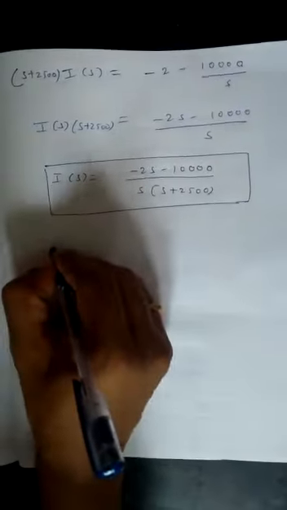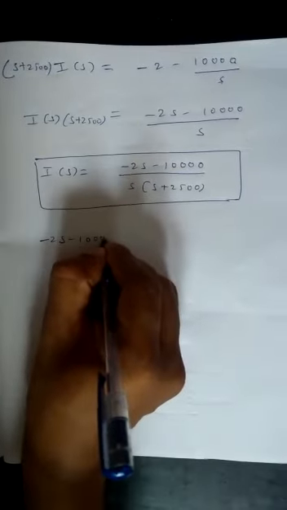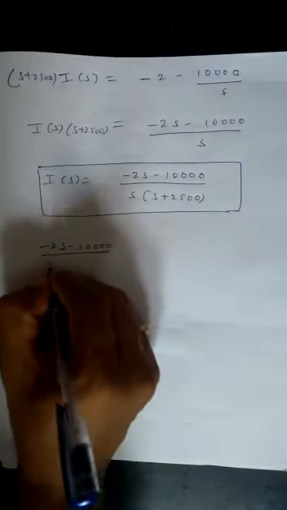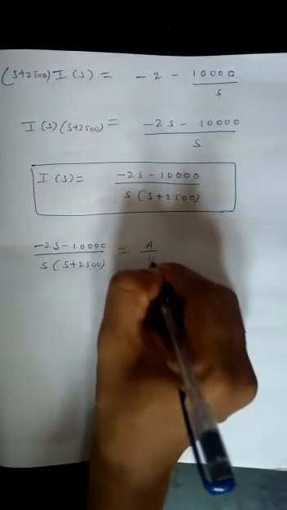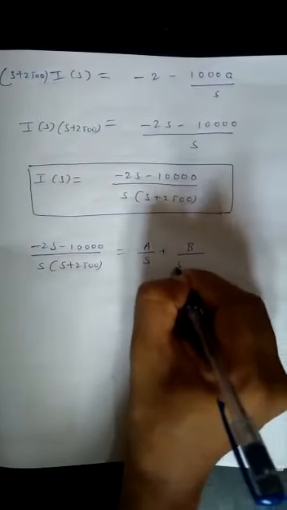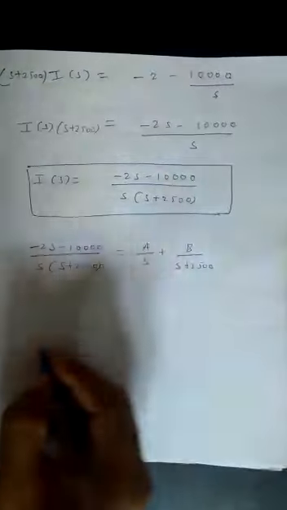So minus 2s minus 10,000 divided by s into s plus 2,500 equals A by s plus B by s plus 2,500. How can you write this?